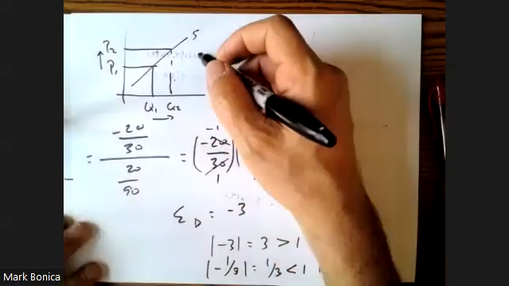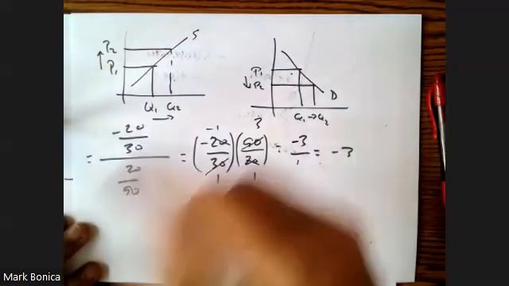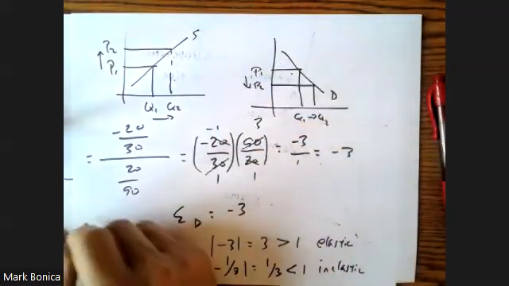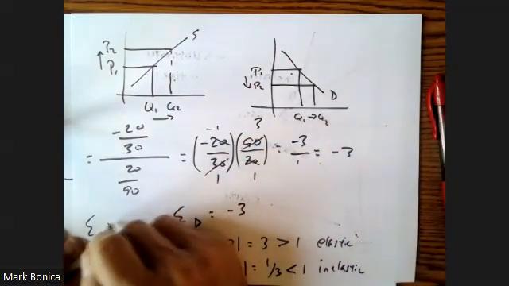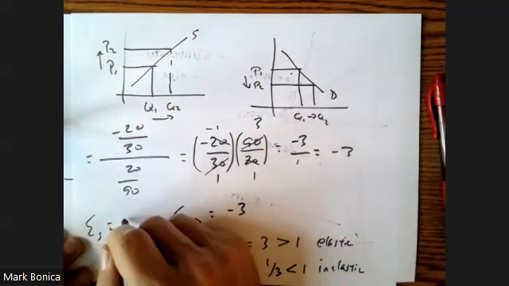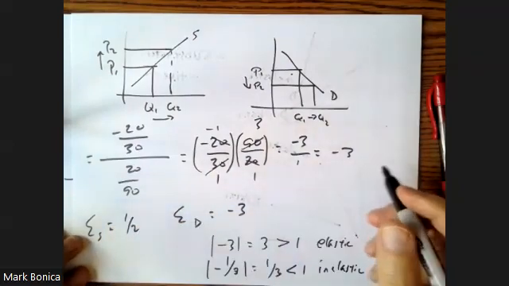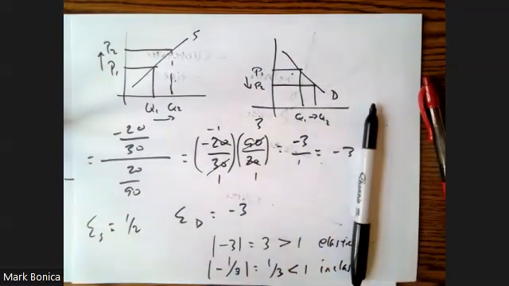With, excuse me, elasticity of supply, it'll be something like 1/2. Well, you don't have to take the absolute value of it because it's already positive. And you'd say, okay, 1/2 is less than 1, so that's relatively inelastic.